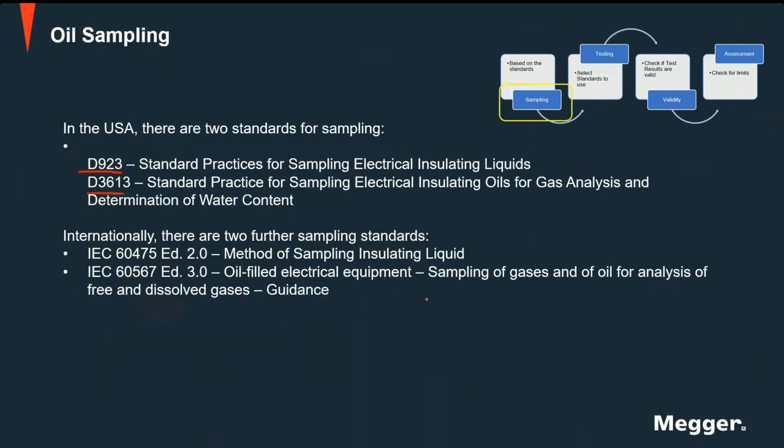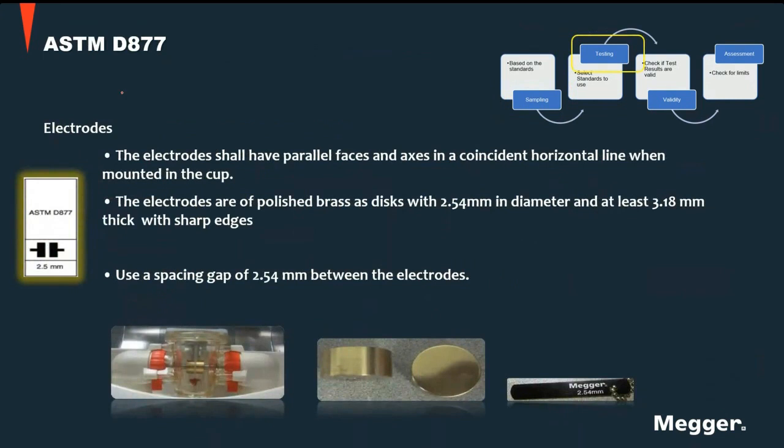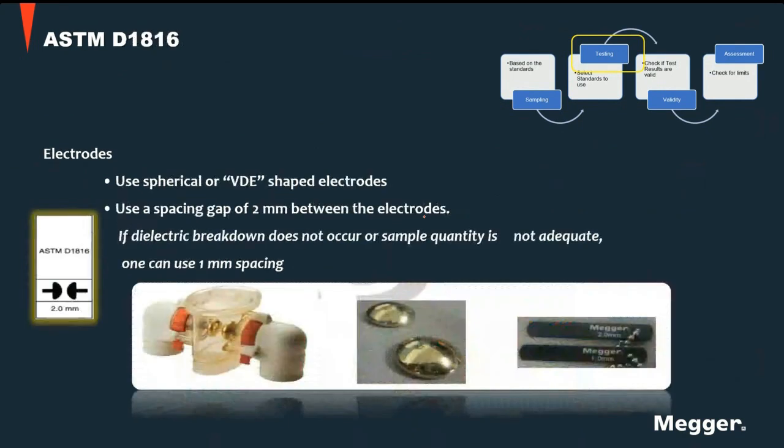And talking about D877, as I've said, we are using this electrode here, and normally the spacing is 2.54 millimeters. But in our actual test later on, we will use the D1816, wherein we use the VDE electrode. We have the gap spacer, which is normally 2 millimeters or 1 millimeter.